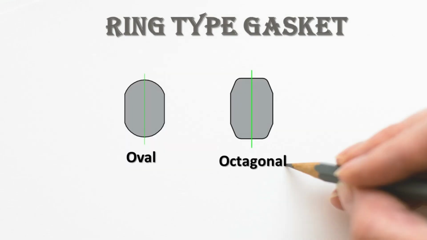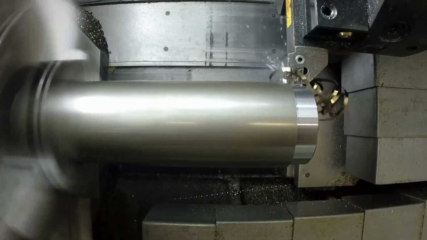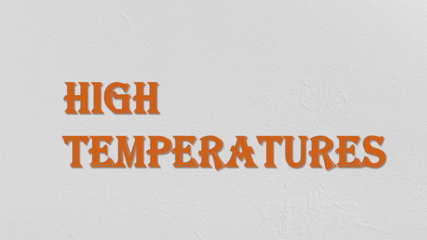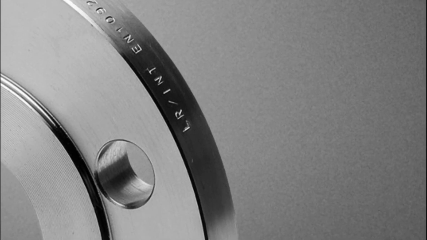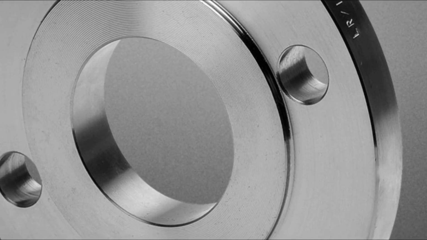Ring joint gaskets come in two basic types, an oval cross-section and an octagonal cross-section. Both are machined from solid metal, and are designed for high-pressure, high-temperature service conditions, which require a special joint design with a high degree of surface finish on the flange faces.